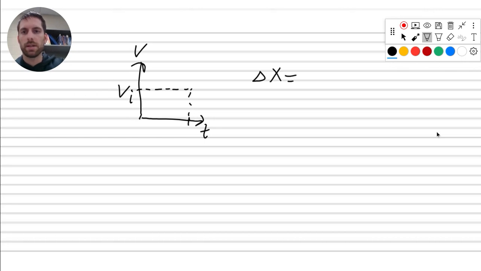If this was, say, 3 and this was, say, 2, the area would be 2 times 3, and we know this would be meters per second times seconds if we were using SI units. That would cancel nicely, and we'd be left with 6 meters. Right, pretty simple.